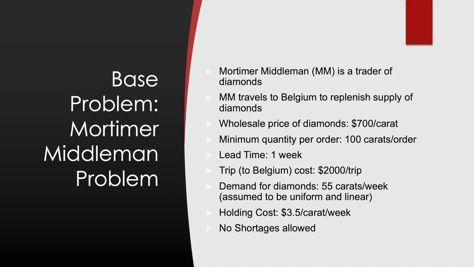It probably means the time it takes for Mortimer Middleman to book his ticket, to book his lodging, no, hotel stay in Belgium, actually fly to Belgium, go to the supplier and purchase the diamonds, go back to the Philippines, and only when Mortimer Middleman is in the Philippines is that the only time he can actually sell the diamonds.